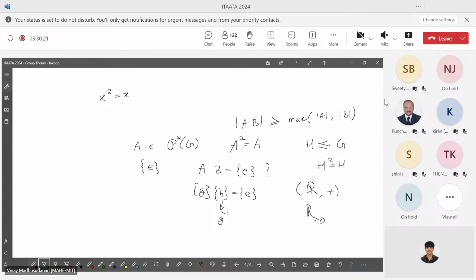Is it equal to this? I want it equal. Is it equal? If you took natural numbers, then it won't be, because there is a minimum. But since you're taking real numbers, you can take as small as you want.